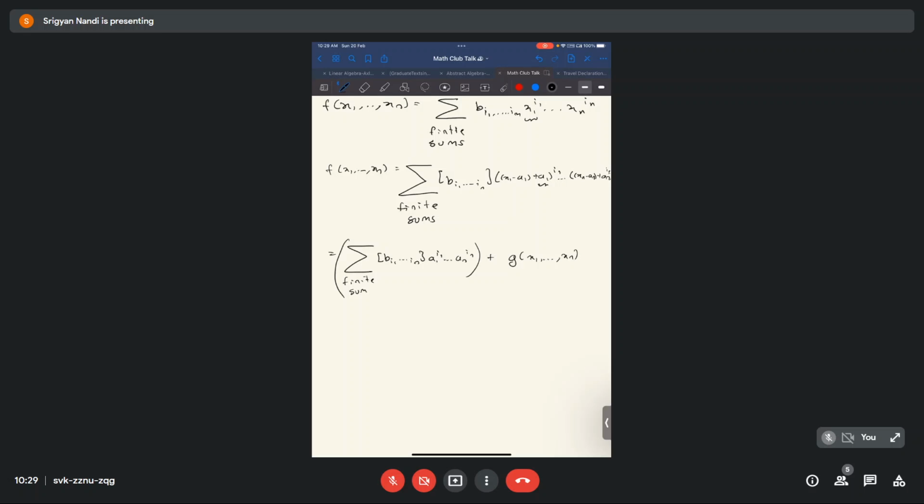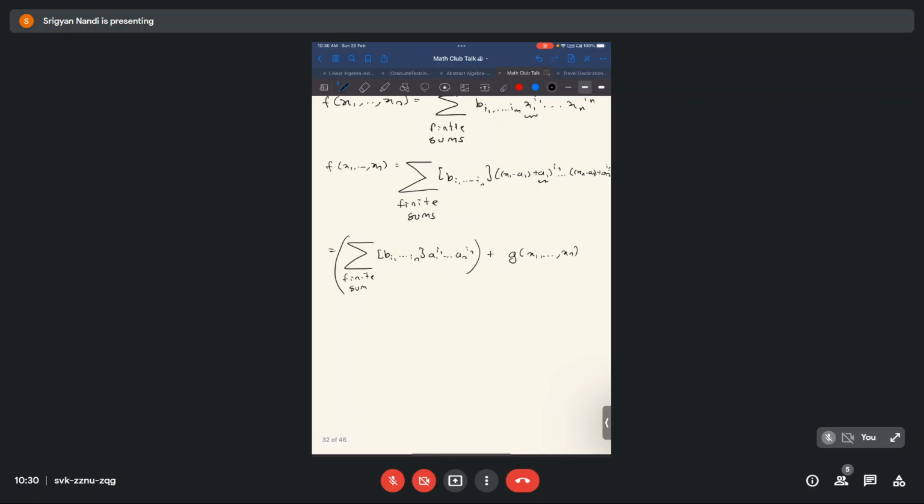Since we took out the constant term, this g must contain multiples of x1 minus a1, powers of xi minus ai, such that every term here is a multiple of some xk minus ak power ik.